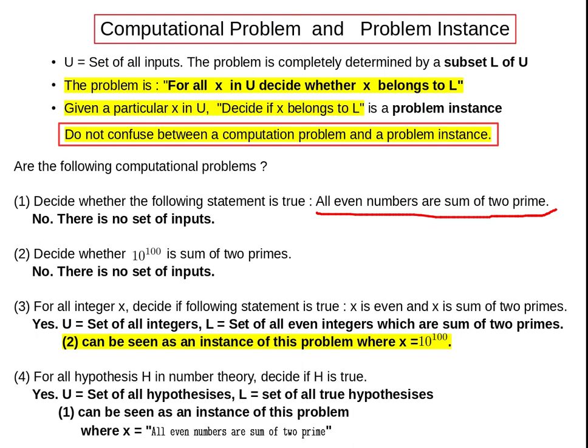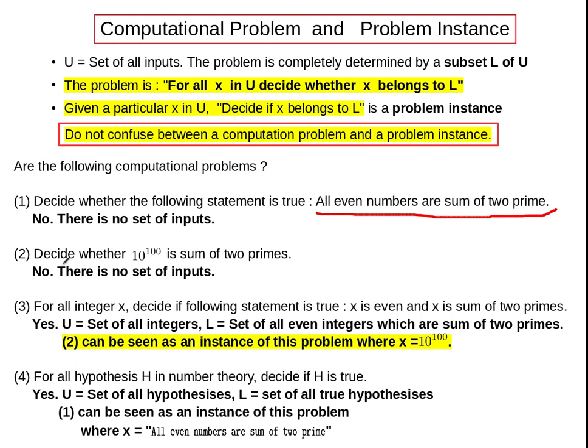It's not that you are giving some set of integers and asking for each of them whether the property is true. This is a statement in itself, a mathematical statement, and all you are asking is whether this claim is true or false. So there is no set of inputs here.